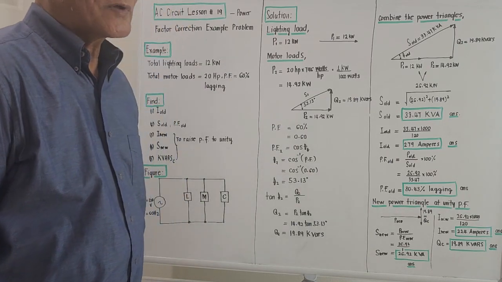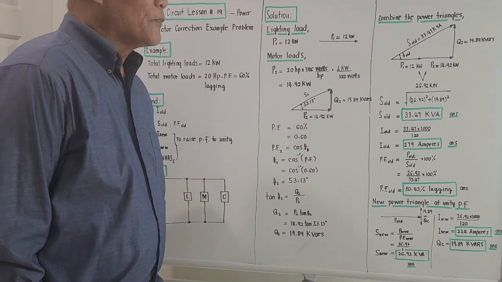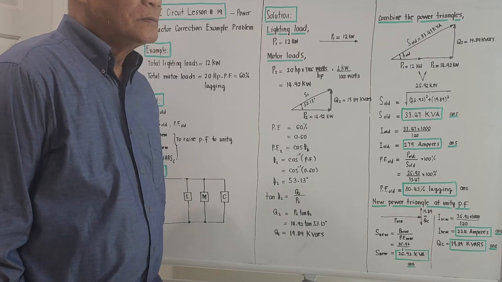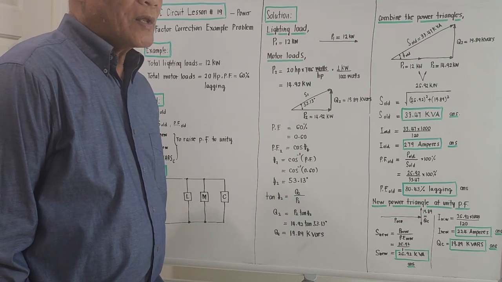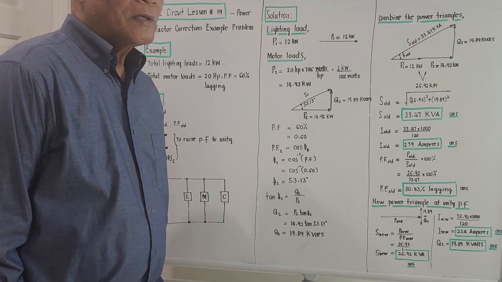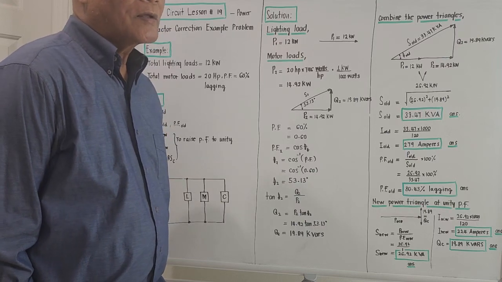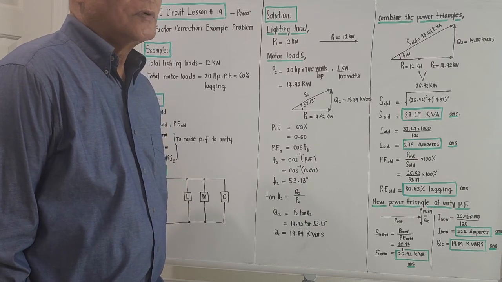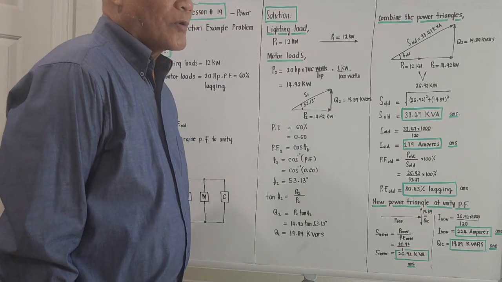It is just power factor correction. We are just eliminating the reactive power consumed by the motor loads. We are minimizing or totally eliminating the reactive power consumed by the motor loads for the total current drawn to be minimum, or you could actually save from your utility bill.